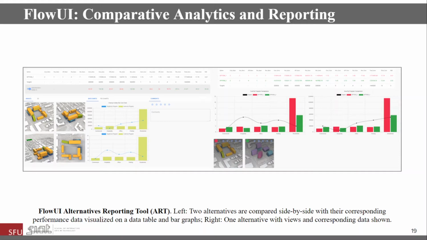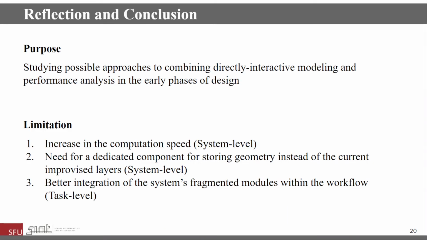ART relies on the data sharing module of the FlowUI for retrieving selected design alternatives for reporting. An important role of ART is to help designers reflect on and share the process with other stakeholders.